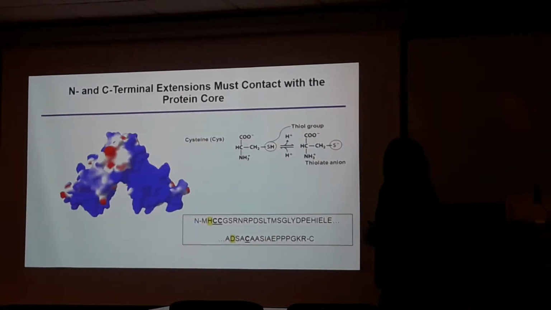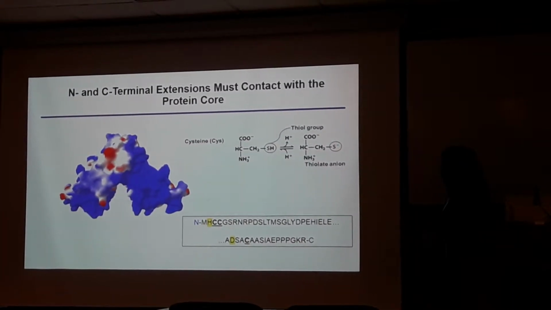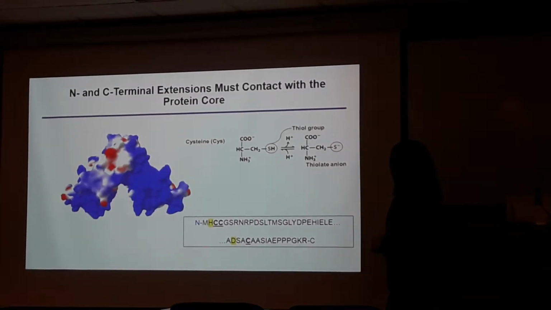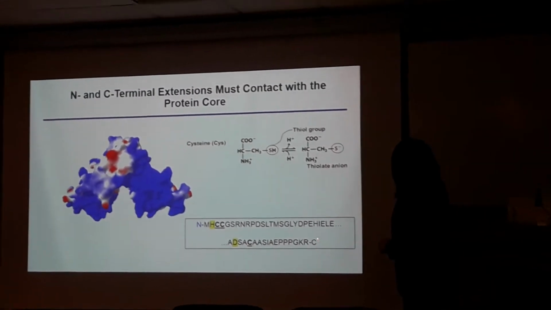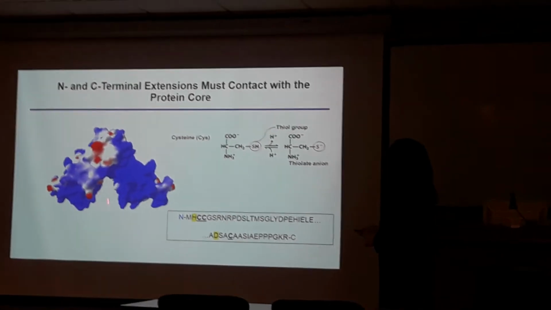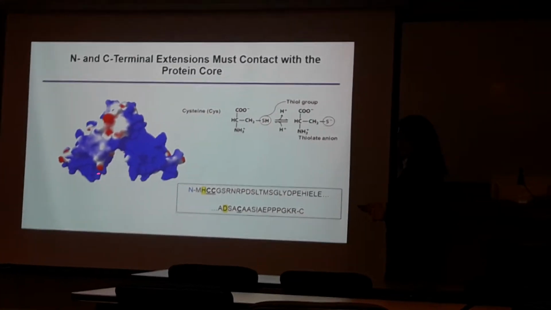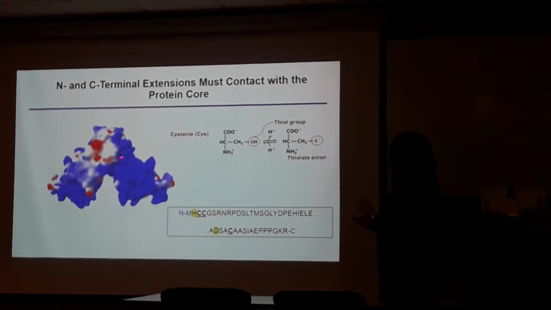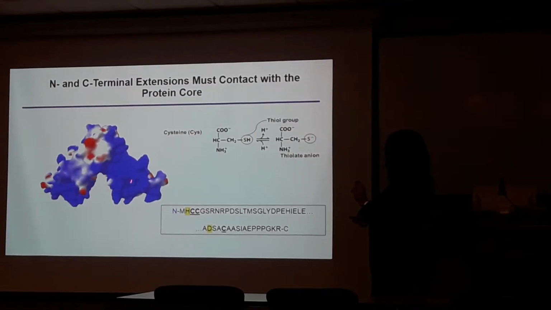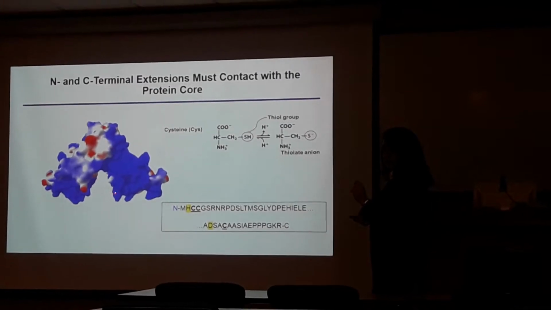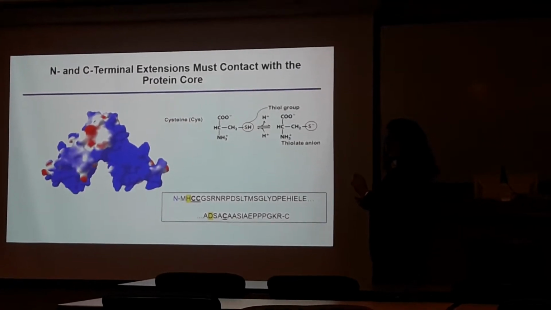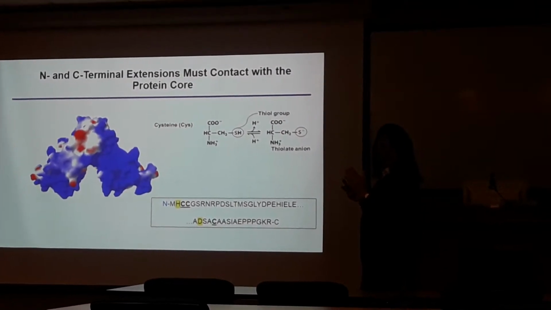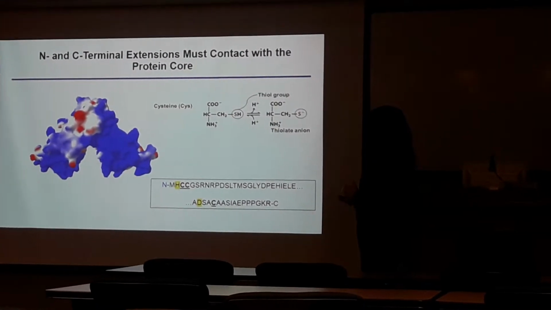So what we propose, coming back to this electrostatic surface potential of OSTR here, is that this C terminal extension is interacting with this positively charged patch, and the thiolate anion of this cysteine of the C terminal extension is contributing to neutralize the excess positive charges here. Now, when we take out the cysteine, the thiolate anion is lost, and that's why we see the destabilization of the protein.